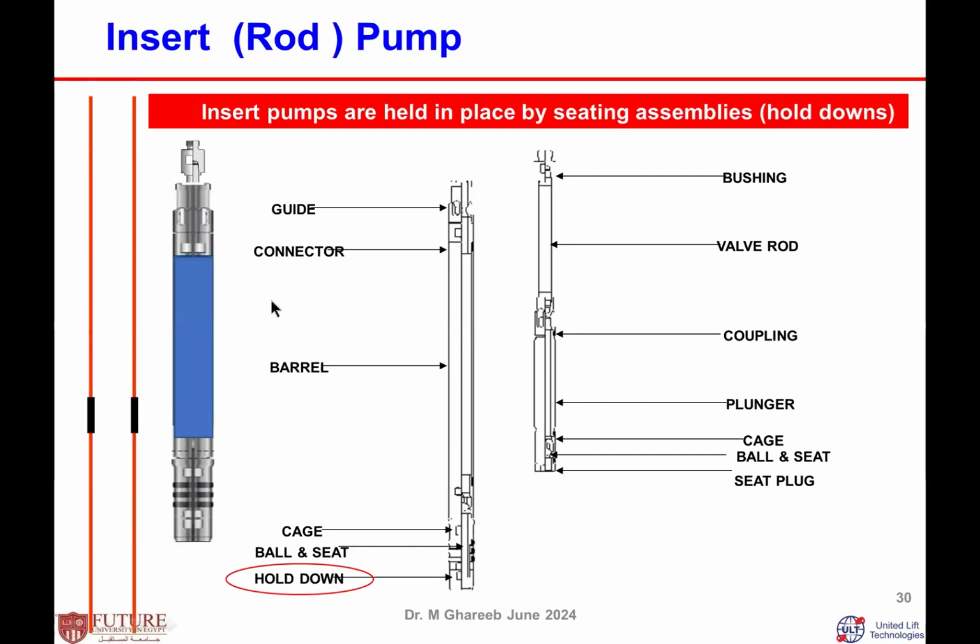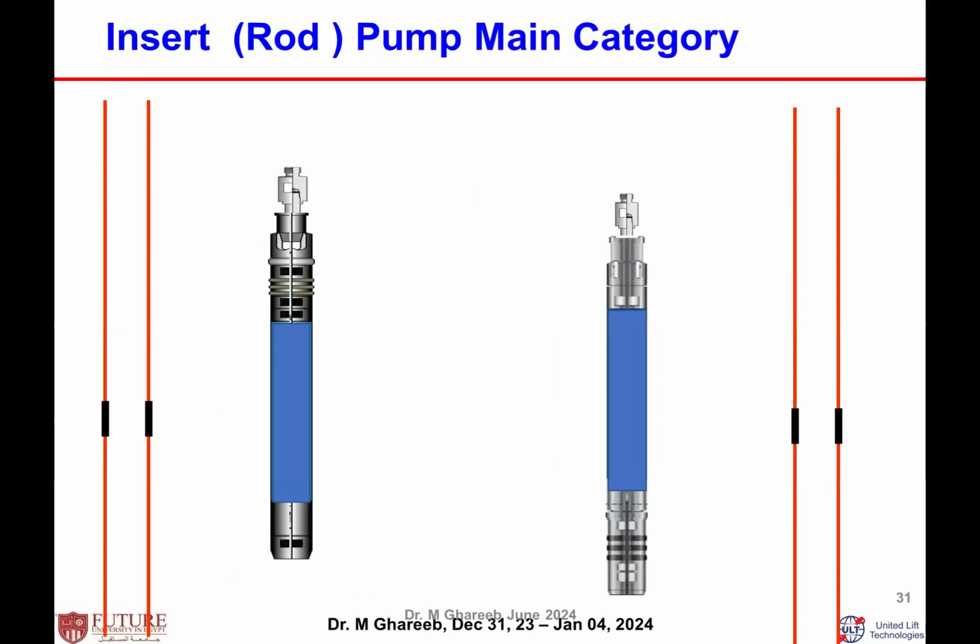This well completion has only a setting nipple, no pump barrels, nothing else inside it. You connect the pump to the rod string, run the whole pump inside the tubing and sit it in the setting nipple.